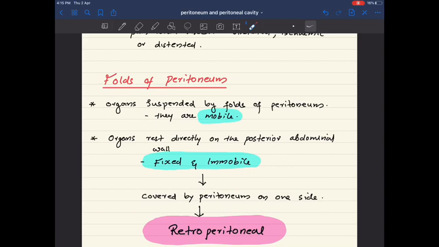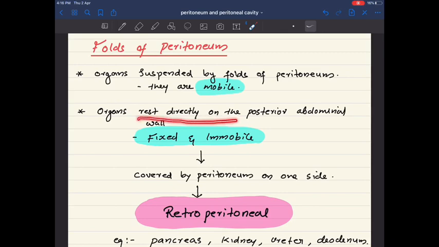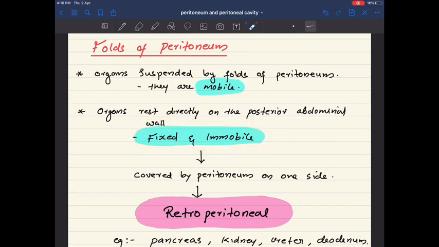Okay, so let's discuss the folds of peritoneum. Organs are suspended by folds of peritoneum. Okay, we have discussed this before. So those organs which are suspended by these folds of peritoneum, these organs will be mobile, that can move inside this abdominal cavity. On the other hand, those organs which rest directly on the posterior abdominal wall, which is fixed and immobile, have no peritoneal fold.